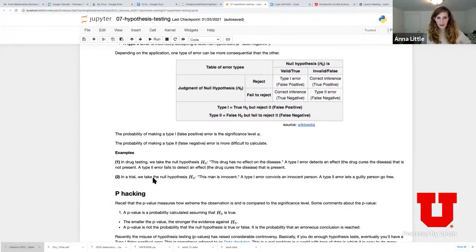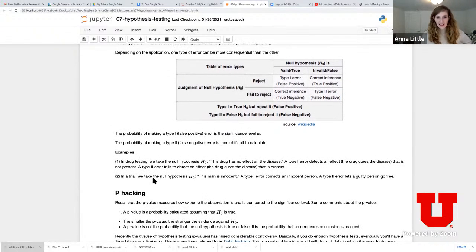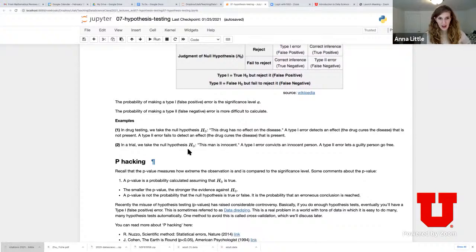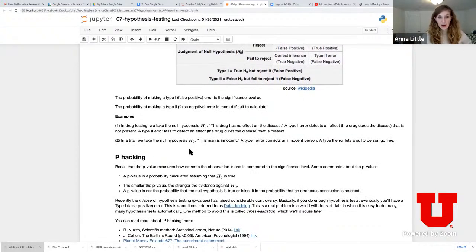Okay, so for example, let's say we're doing drug testing. We take a null hypothesis that the drug has no effect on the disease. So in a type 1 error, we detect an effect that's not really there. And in a type 2 error, there is an effect, but we don't detect it. Another good example is somebody on trial, where the null hypothesis is that this man is innocent.